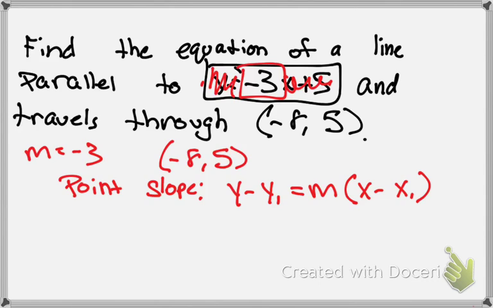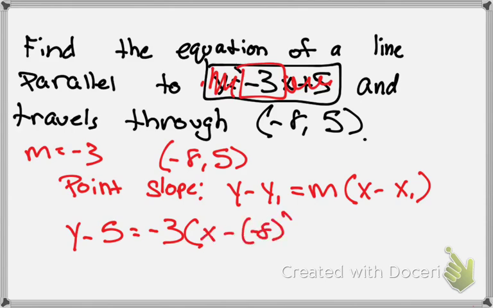So to kind of plug and chug and continue on, I'm going to have y minus my y1, which is 5, equals negative 3 times x minus negative 8. So then I have y minus 5 is equal to negative 3x minus 24, because I end up combining my two negatives to create a positive. Then negative 3 times a positive 8 is negative 24.